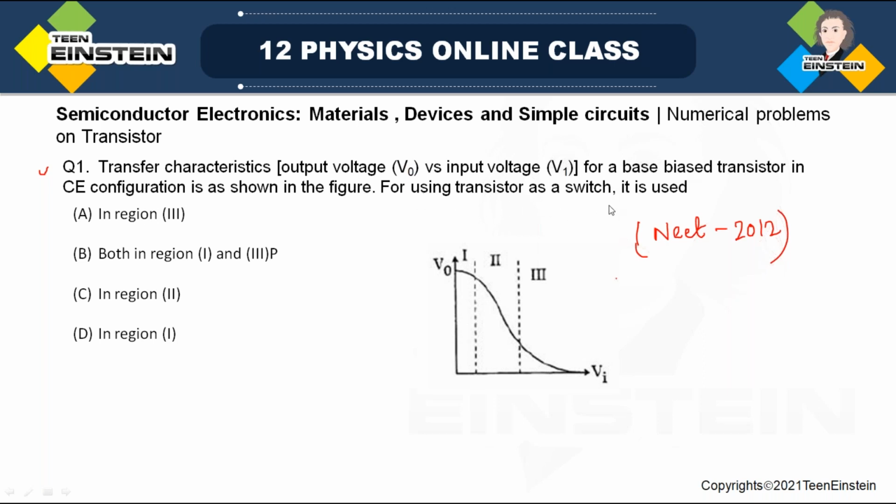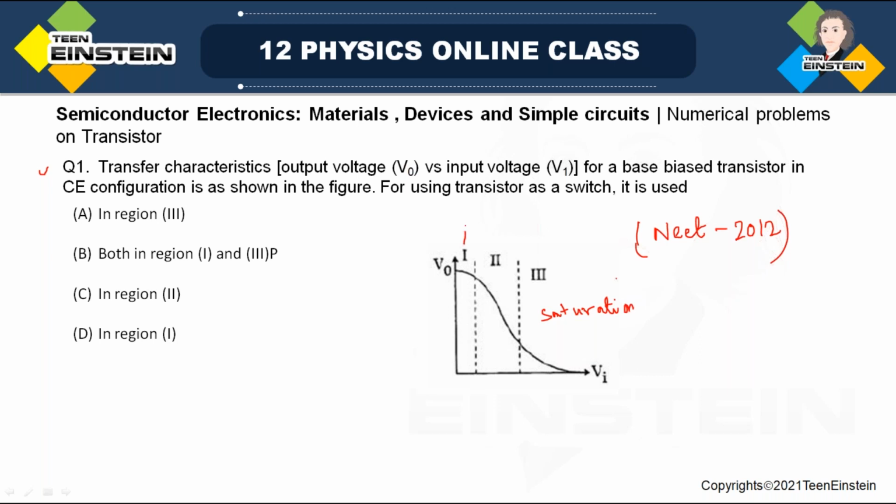for using transistor as a switch. If we want to use a transistor as switch, then it is used in region 3, that is, in this saturation region.